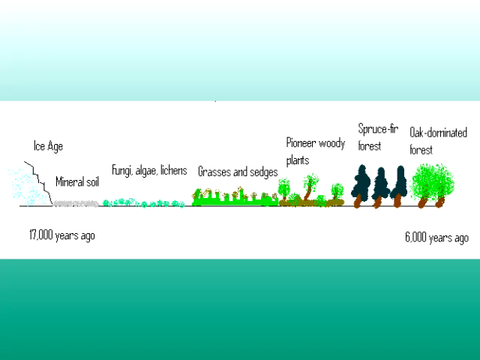But then, along about 6,000 years ago, the climate warmed to the point where the spruces and firs started dying out, and they were replaced by forest types that are very similar to what we still see today. Forests dominated by things like oaks and hickories and maples and ashes and all of the typical northeastern North American deciduous trees.